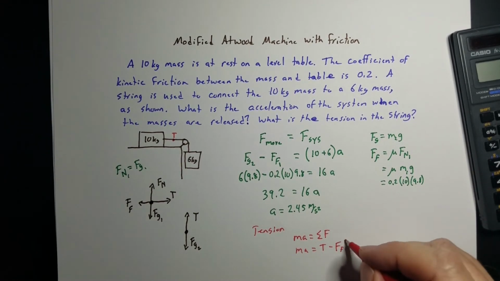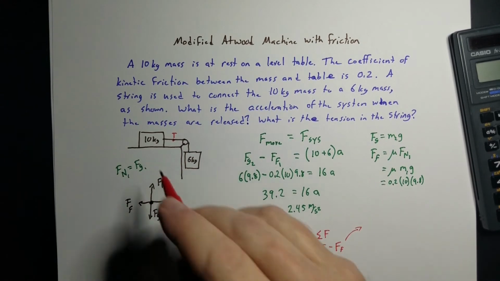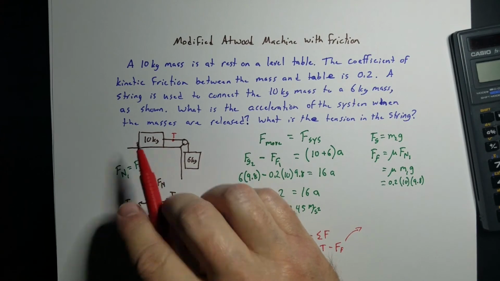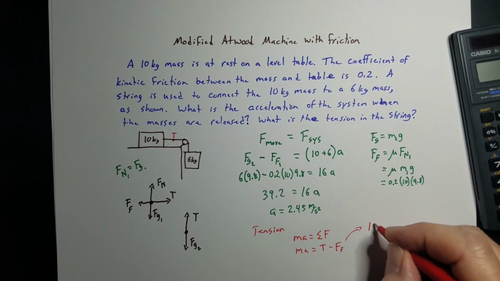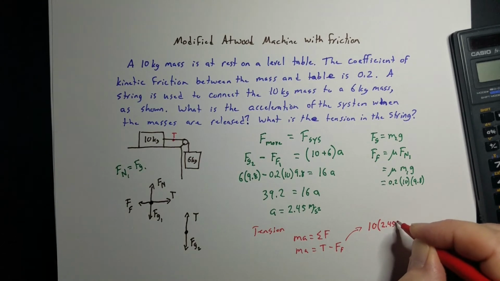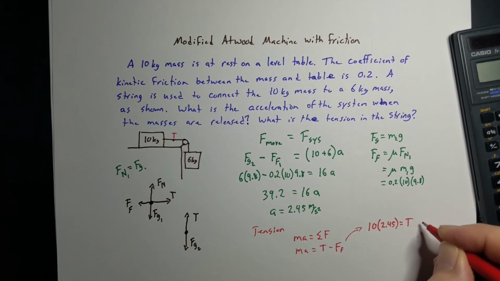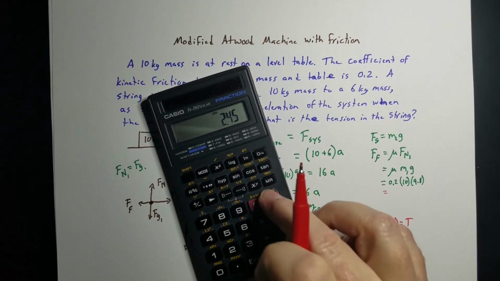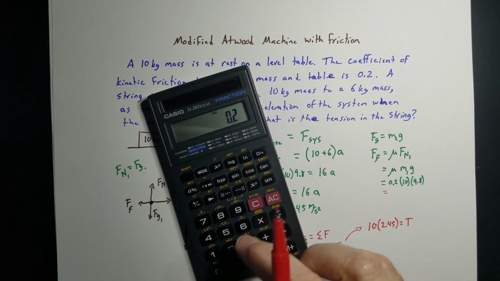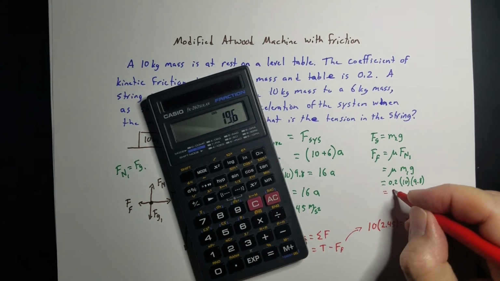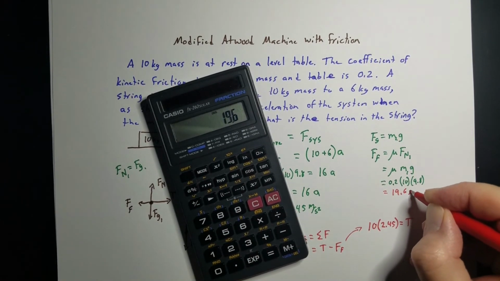Well, this mass, remember, this rope is pulling only that mass right there. So the mass is 10. Acceleration is 2.45. Tension we don't know, but friction is this. Let's go ahead and calculate that up there since I didn't do it before. And that is 19.6 newtons.